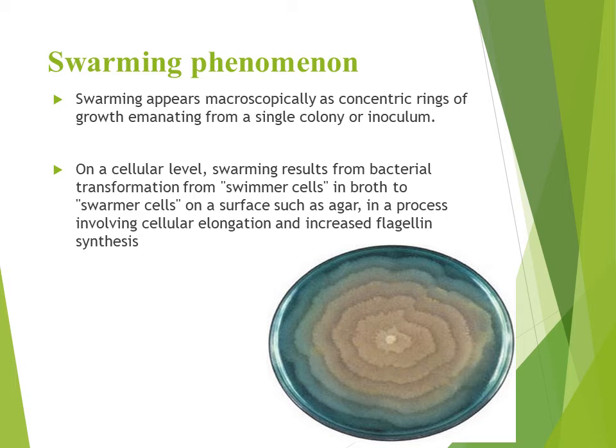On a cellular level, swarming results from bacterial transformation from swimmer cells in broth to swarmer cells on a surface, such as agar, in a process involving cellular elongation and increased flagellin synthesis.